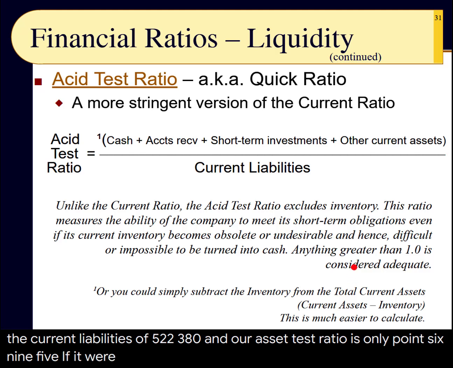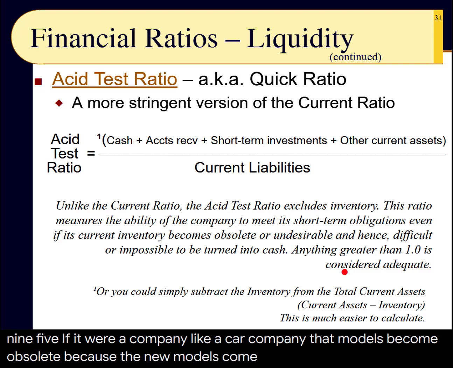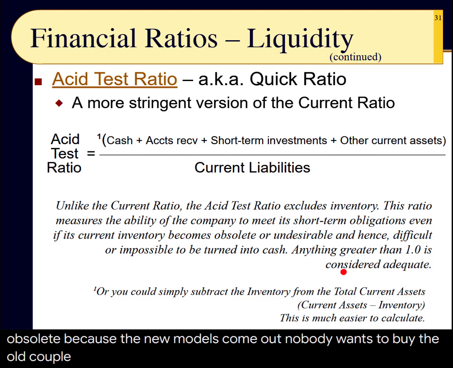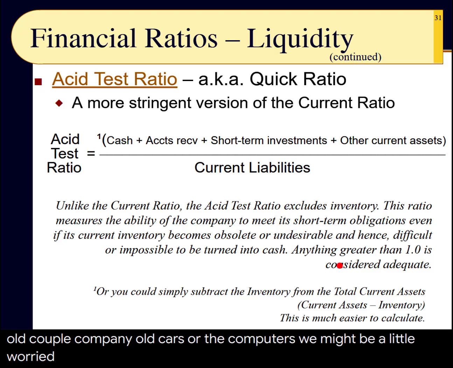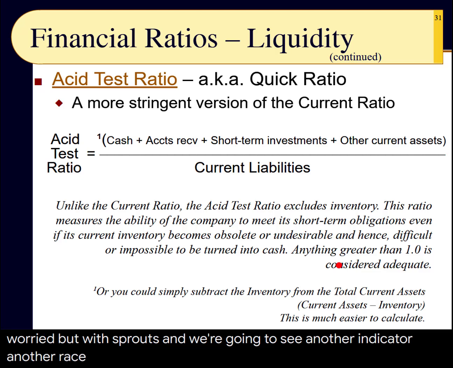If it were a company like a car company, where models become obsolete because the new models come out and nobody wants to buy the old cars, or the computers, we might be a little worried. But with Sprouts, we're going to see another ratio called the inventory turnover.